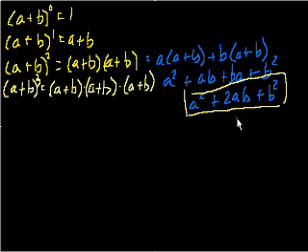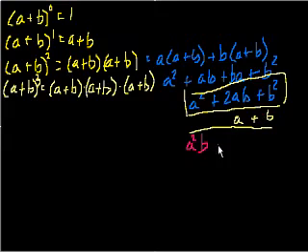So first let's multiply everything times b. That's a squared times b. Now let's do 2ab times b, so plus 2ab squared, and then plus b cubed.